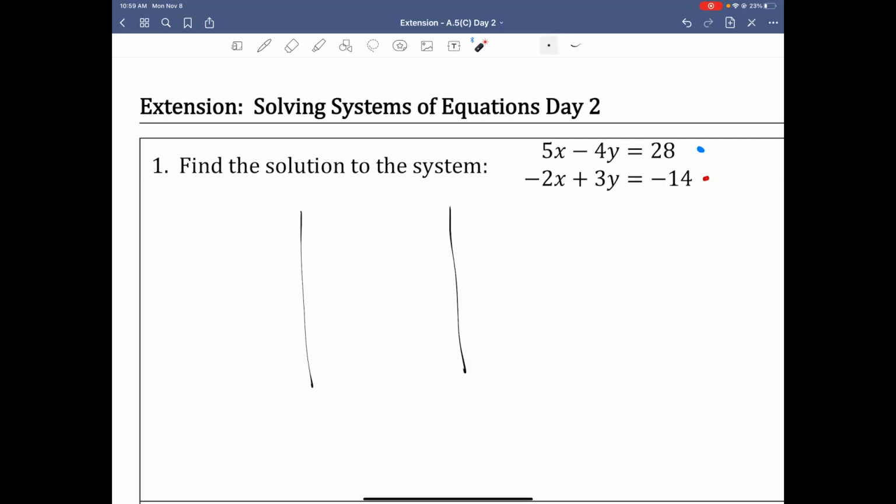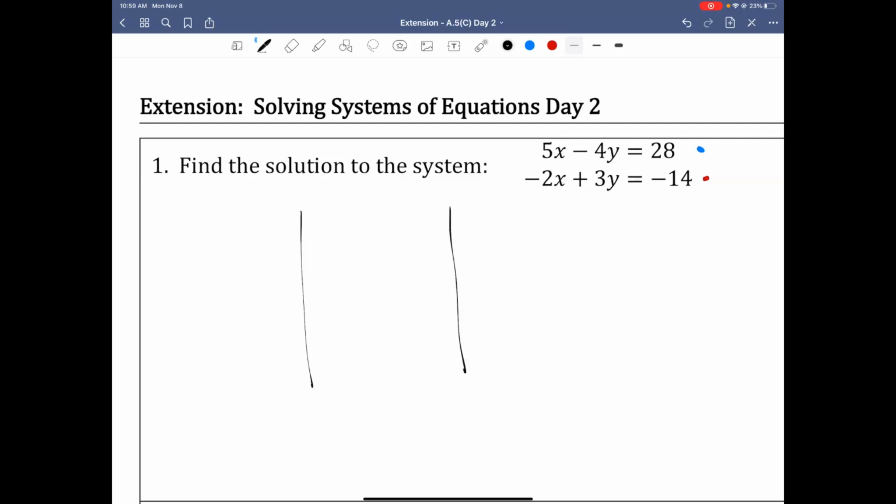You have 5, 10, 15, 20, etc. And for 2, you have 2, 4, 6, 8, 10, etc. And so the first number that the x's would be able to meet up at would be 10. And so that is the approach that I'm going to use in order to have these x's eliminate.